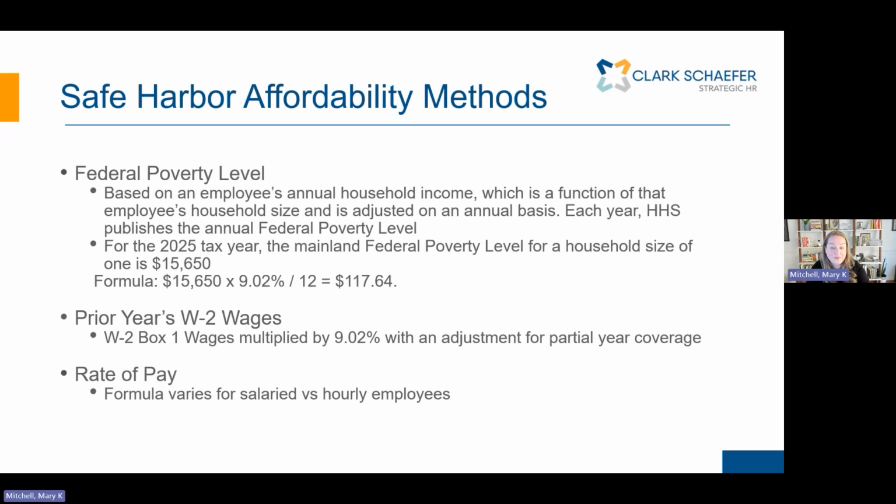For the 2025 tax year, the mainland federal poverty level for a household size of one is $15,650. So we would take that amount, multiply that by 9.02%, which is the affordability rate for this year, and then divide that by 12 months. And that gives us the monthly cost of what an employee would have to pay for employee-only coverage.